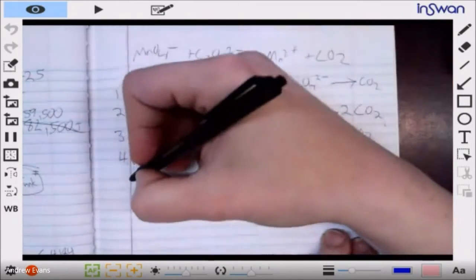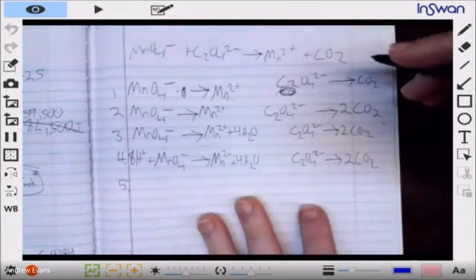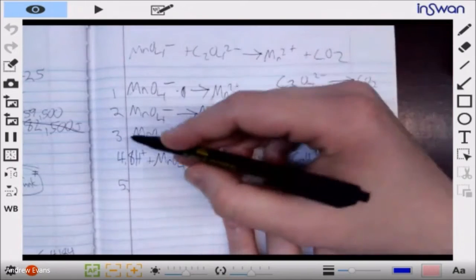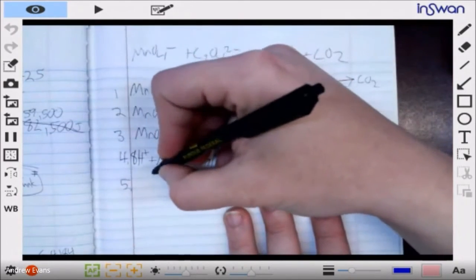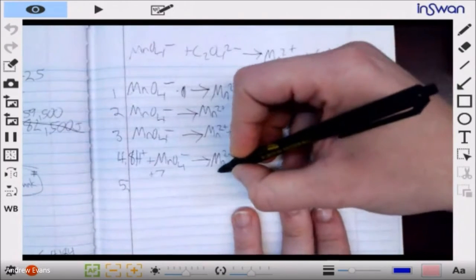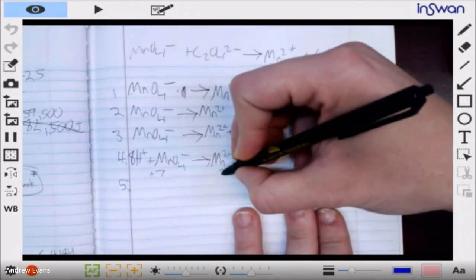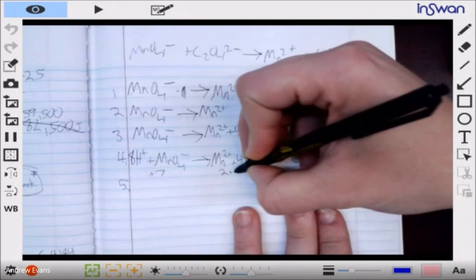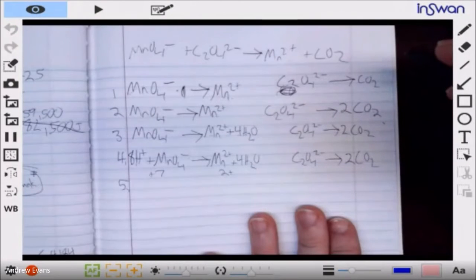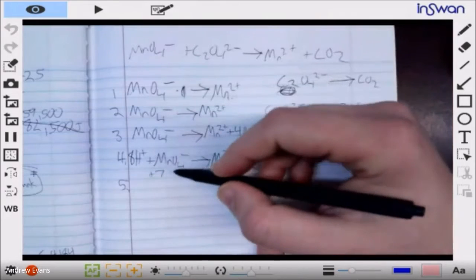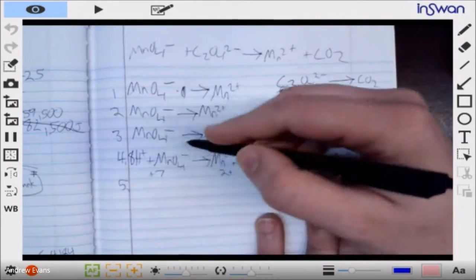Now, step 5, balance the charge. So 8 plus 1 minus, this is a net charge of 7. This is a net charge of 2, so the difference is 5. We need to add 5 electrons to the left.